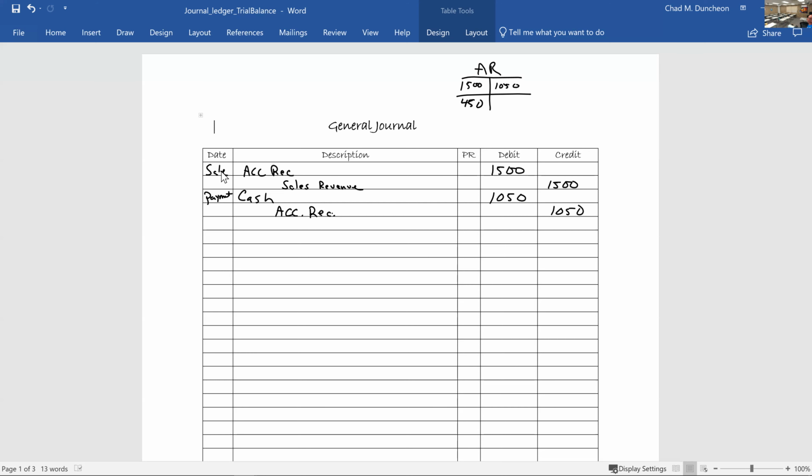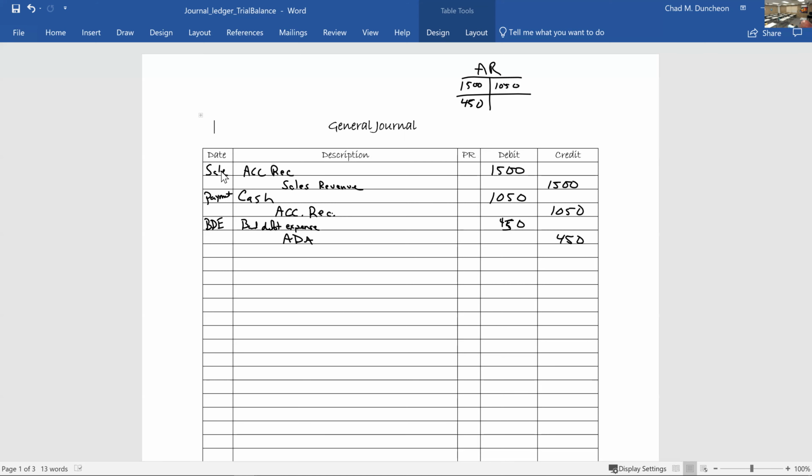After they did the aging of the accounts, found out it was so old, they do not think they're going to collect the remainder of this off. So that's when they record their bad debt expense for the $450. We did that on estimate.